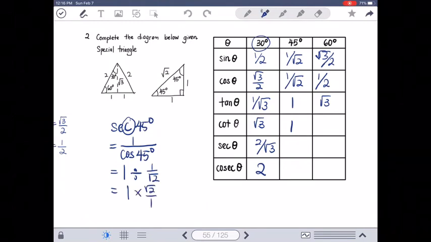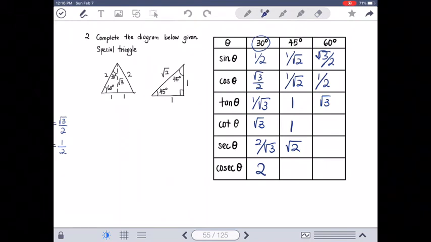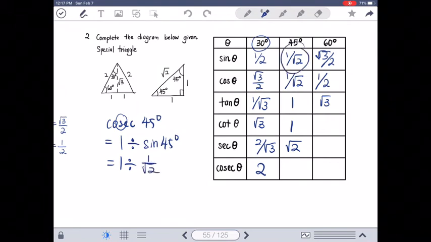So this is 1 times square root of 2 over 1, which is just square root of 2. And cosec 45 degrees, third letter is S, equals 1 over sine 45 degrees, which is 1 over 1 over square root of 2, so it's just square root of 2.